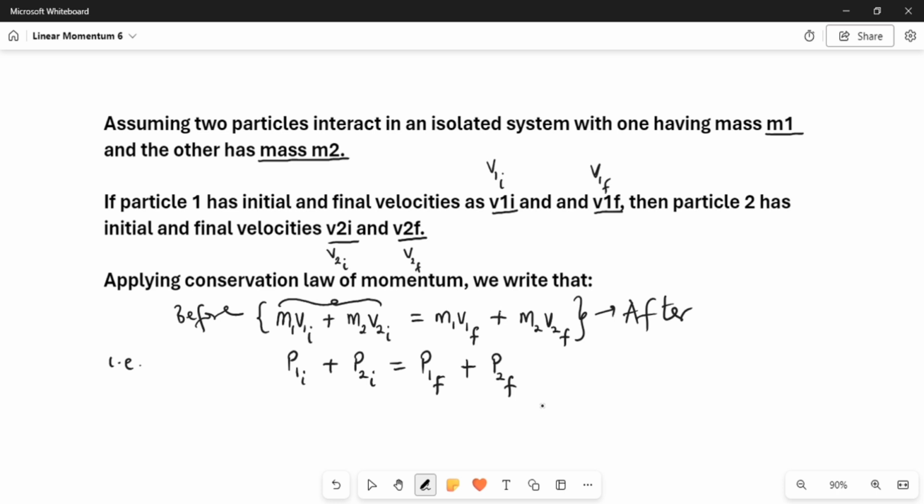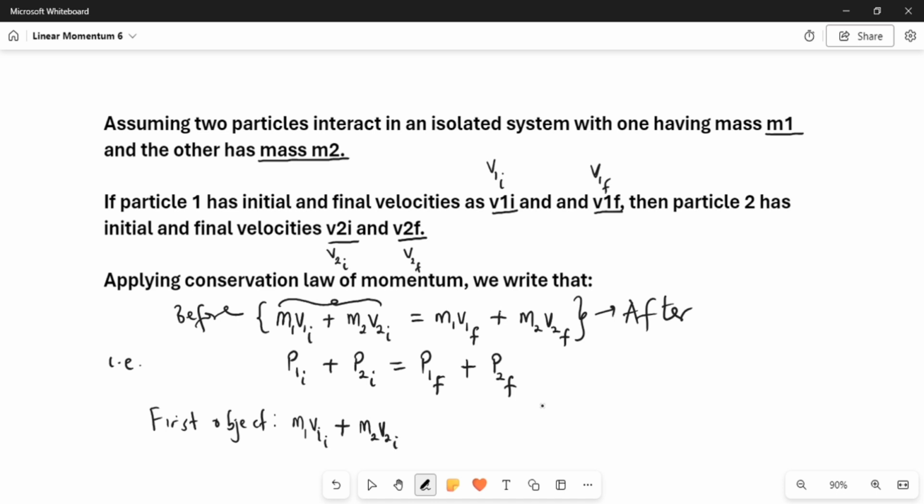So the momentum before collision for the first object will be m1 v1i, while for the second object the initial momentum is m2 v2i.